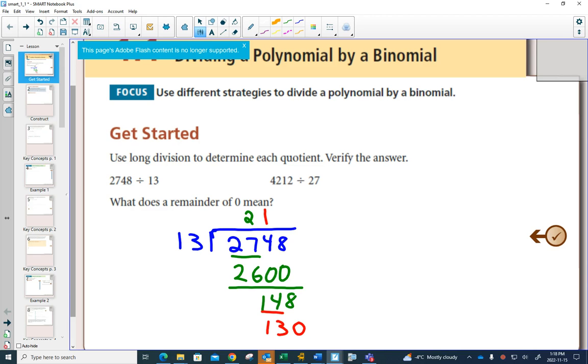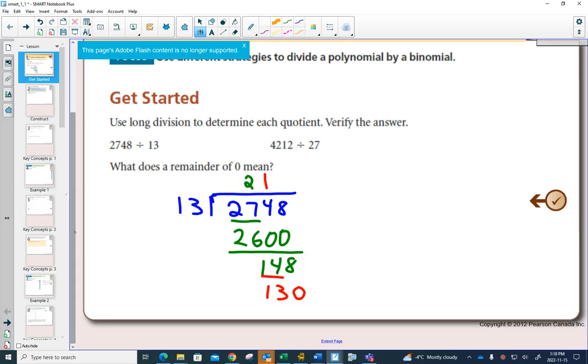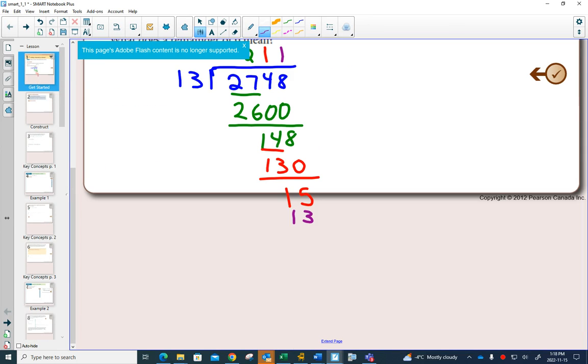If we subtracted, we would be left with 15. And now we look, okay, are there any 13s in 15? Yes, there's 1, which 1 times 13 is 13, and that's just in your ones column. And you subtract. And we call what's left at the end the remainder. We have a remainder of 2.